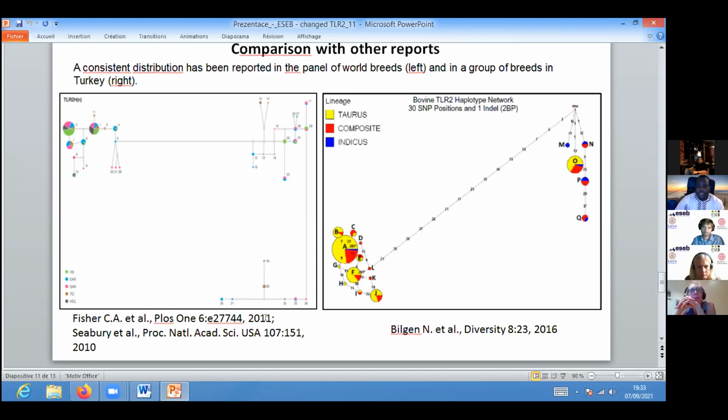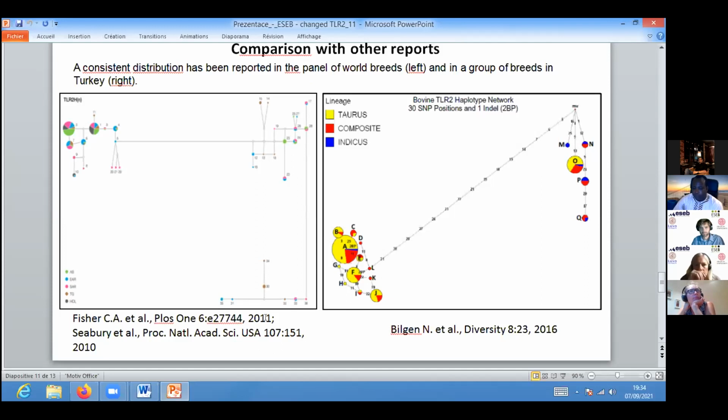Surprisingly, similar results were reported in a previous clustering of TLRs, which was published by a group of researchers from Turkey.